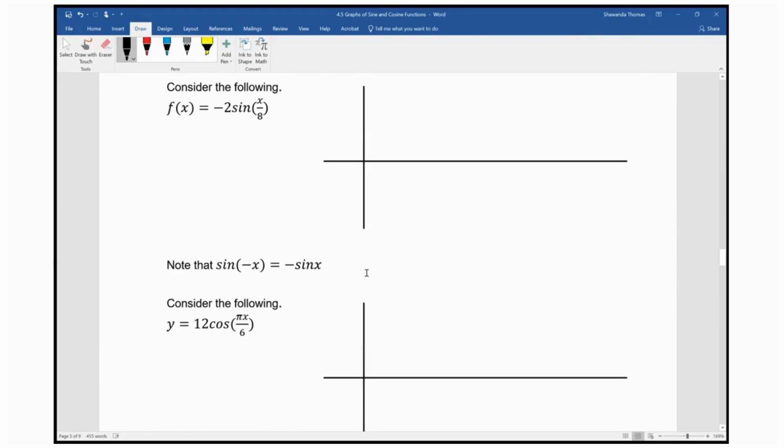I wanted to go over it because I didn't say it: sine is an odd function. So that means sine of negative x really equals negative of sine x.